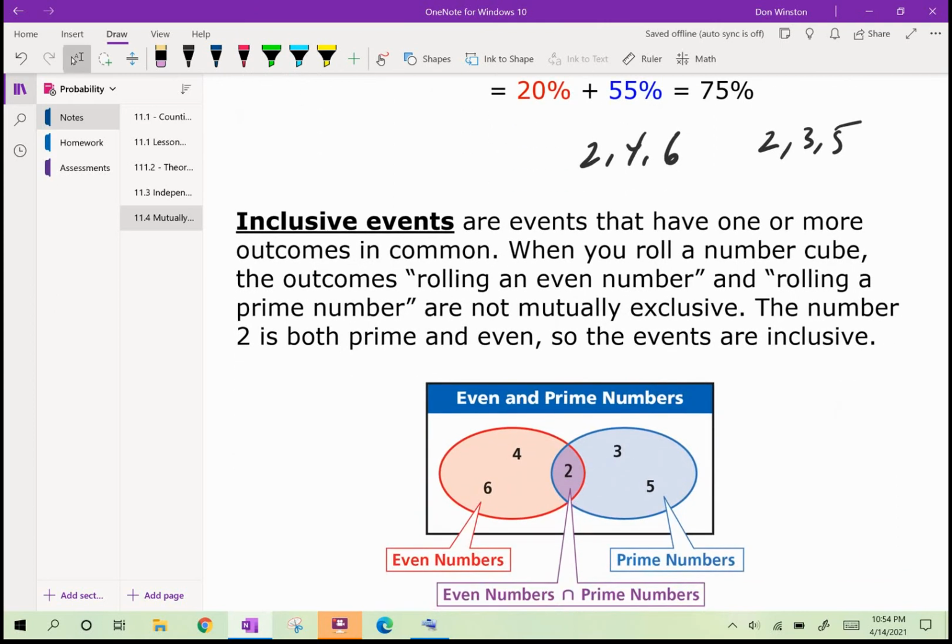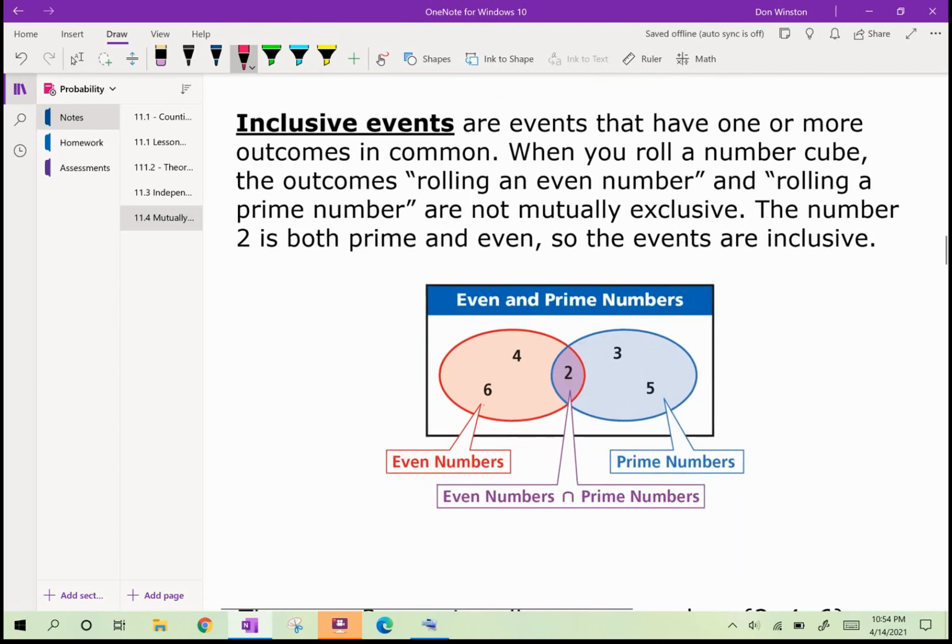And in terms of the Venn diagram, you have the even numbers 6, 4, and 2. And then for prime numbers, you have the numbers 2, 3, and 5. But you can see from the Venn diagram that 2 is common to both even numbers and prime numbers.